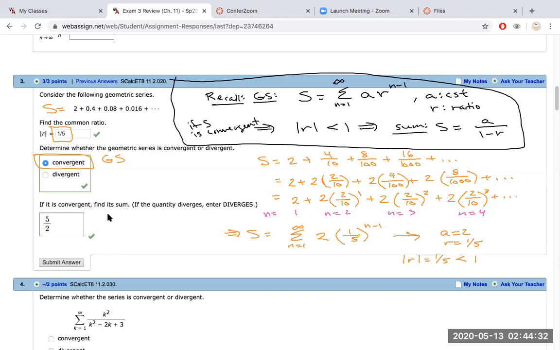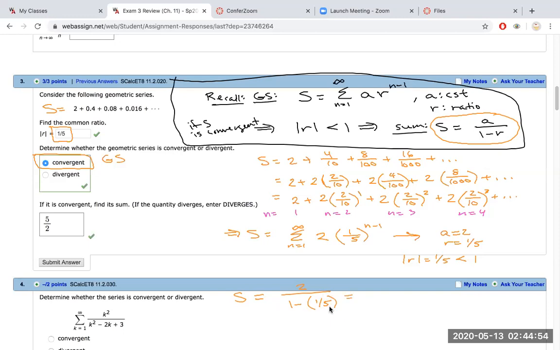Oh my goodness. Okay, and now if we have a convergent geometric series, we should be able to use this as our sum equation. So the sum should be equal to A divided by 1 minus r. Don't use the absolute value of r here.